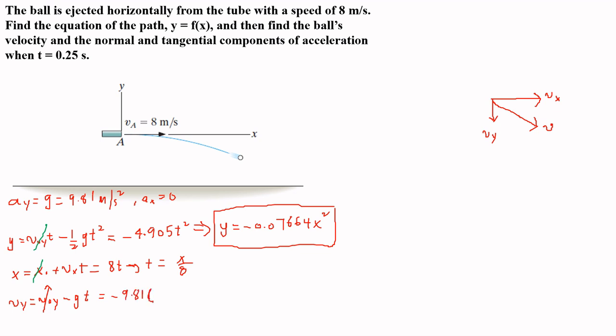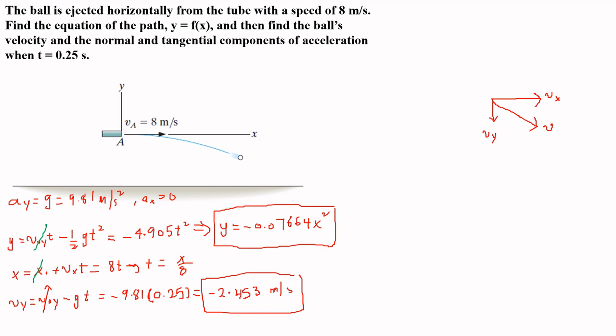We want to find this at 0.25, so times 0.25. Now I get the answer, negative 2.45, maybe almost 3, meters per second. Now this is my velocity in the y.